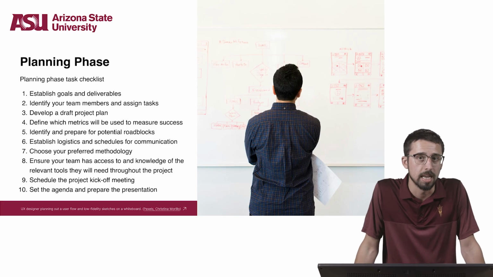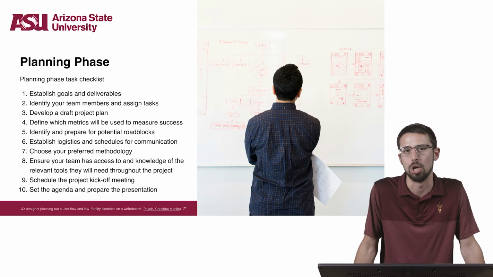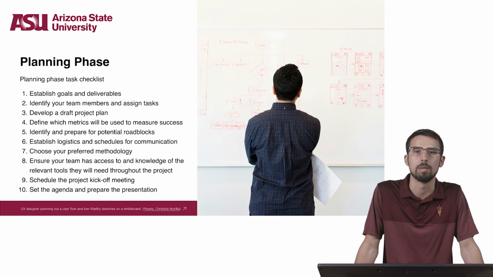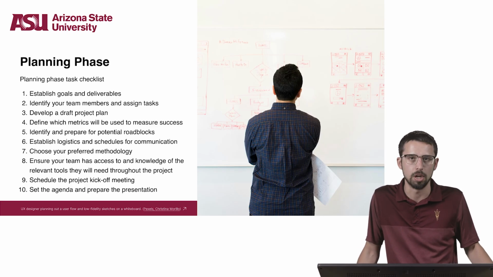The next phase, execution, typically begins with a project kickoff call or a project kickoff meeting where the project manager outlines the project objectives to all stakeholders who are involved.